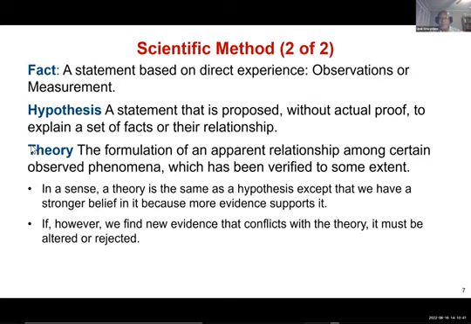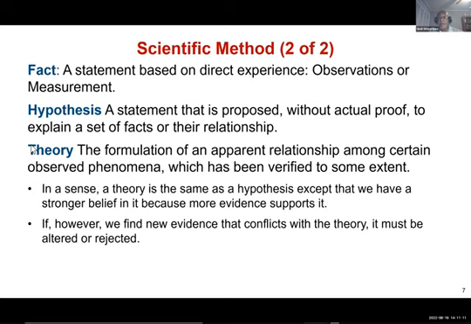Where do facts fit in the scientific method? Facts are coming out of observations. Measurements are observations. Observation is a fact. And also measurements are facts. And what is a hypothesis called in the scientific method?